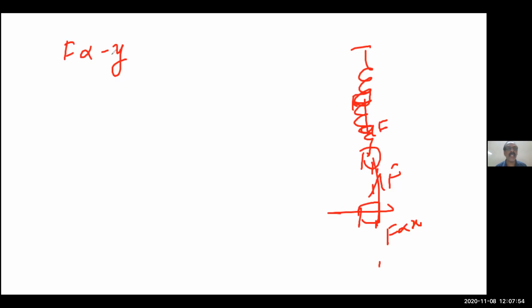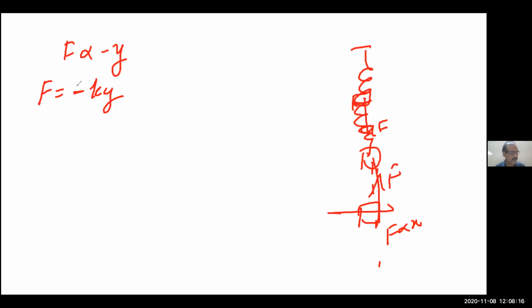So F is directly proportional to minus y, and F is equal to minus Ky, where K is called the spring constant or force constant.